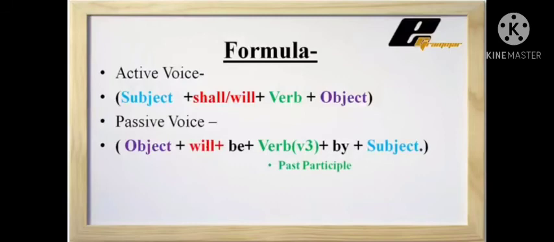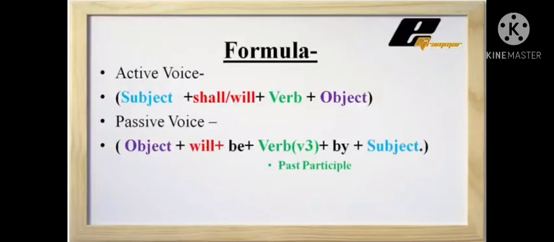Now we can discuss simple future tense, both active and passive voice. Simple future tense, active voice, sentence structure: subject plus shall or will plus verb, that means the first form of the verb, then object.